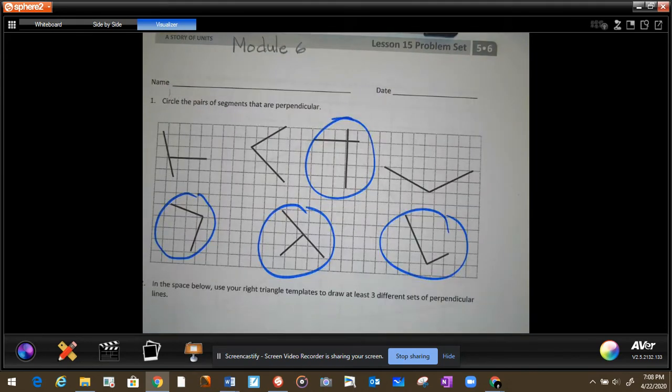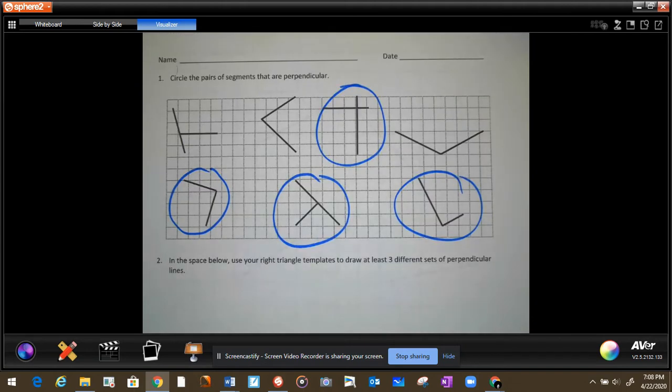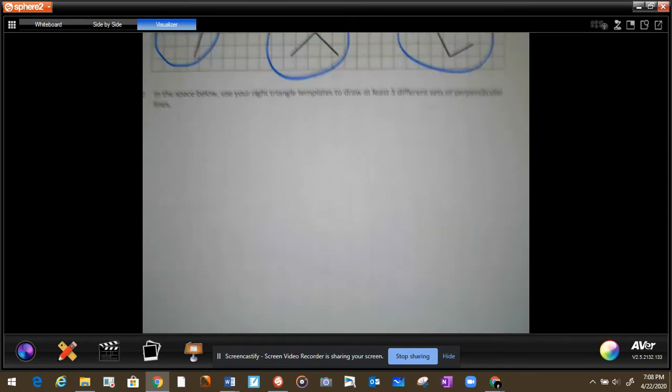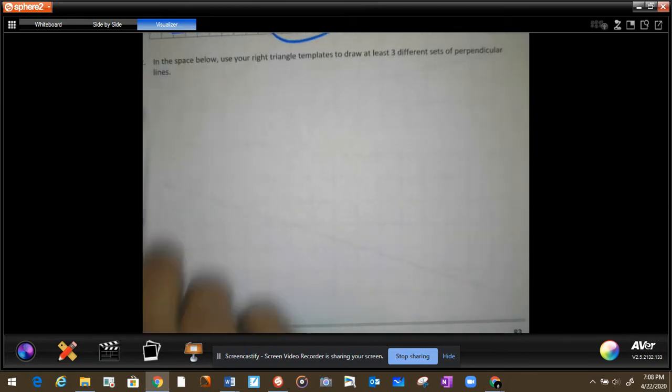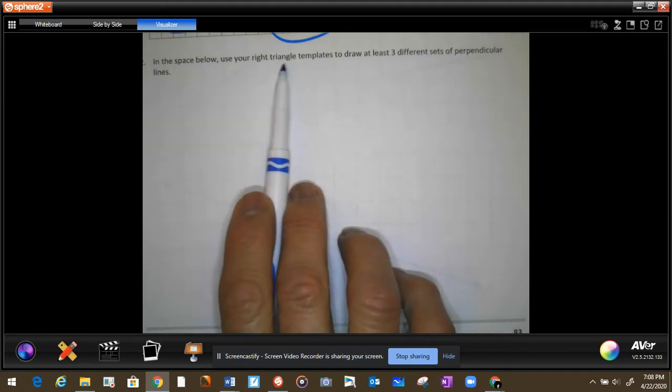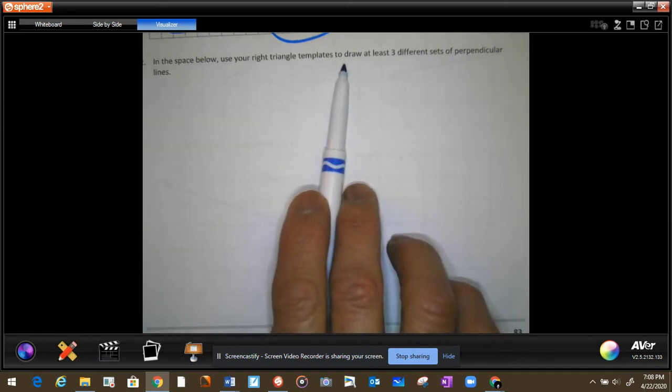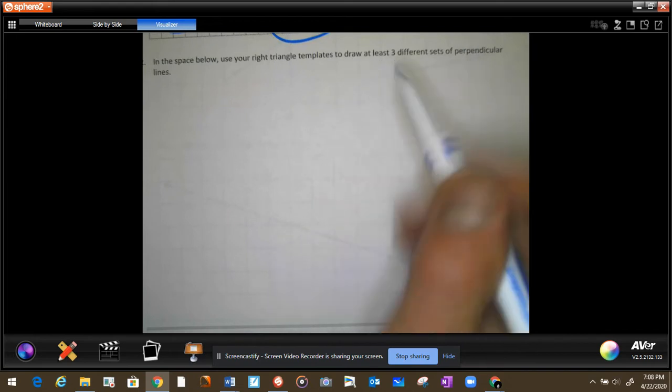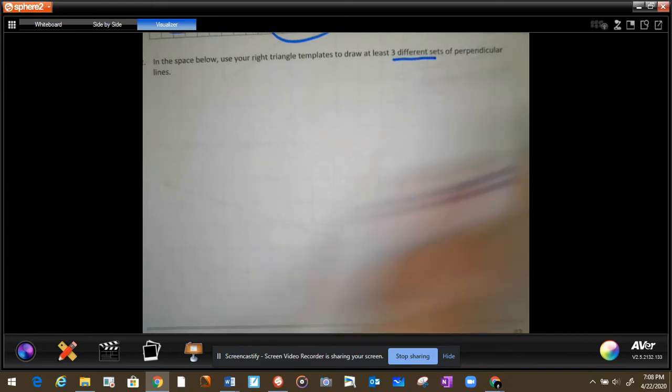Okay, that's part one. So the second task on this activity, it says, in the space below, use your right angle triangle templates to draw at least three different sets of perpendicular lines. So here's what I did.